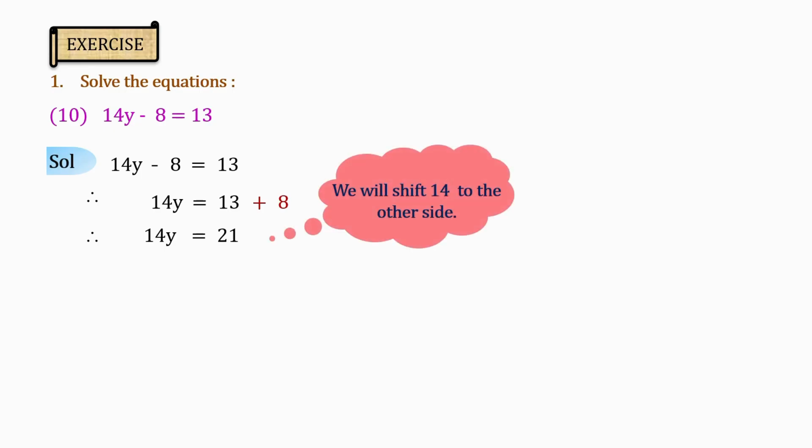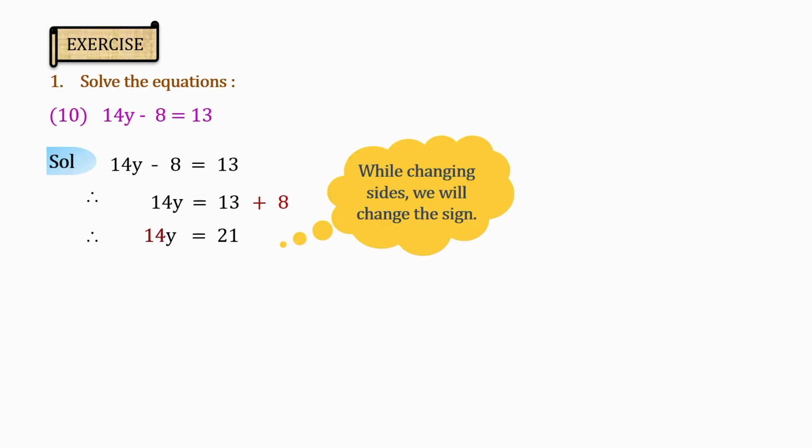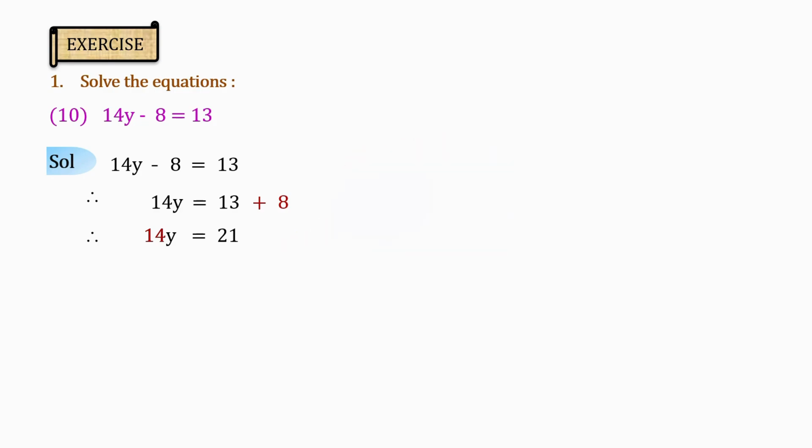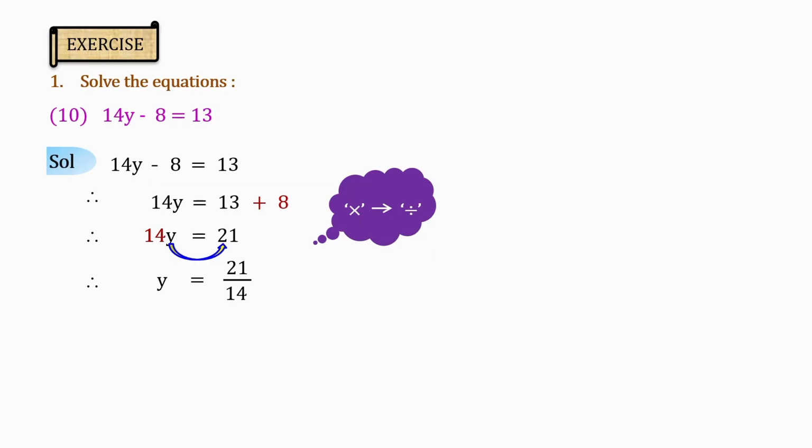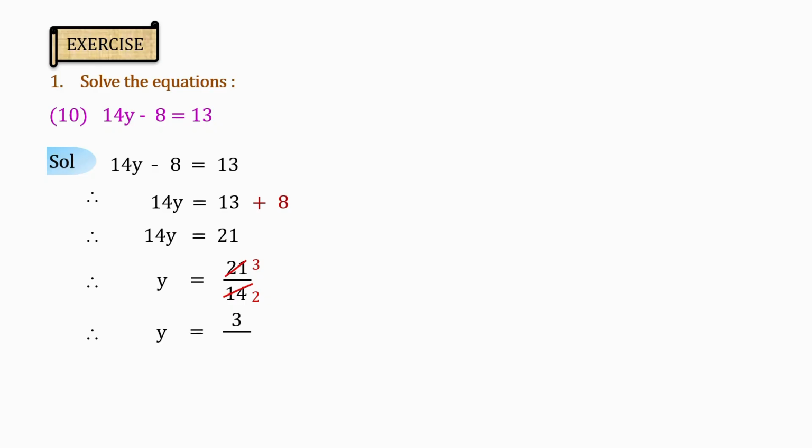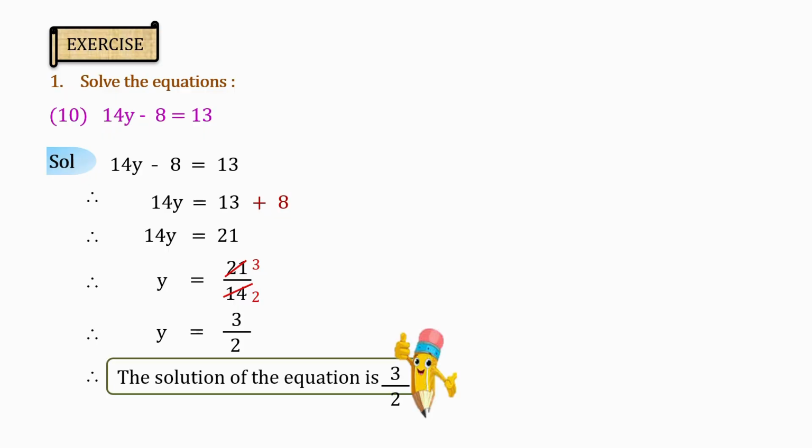Now we will shift 14 and it will be divided on the other side. Now we will reduce it to the simplest form, that is 3 by 2. So the solution of the equation is 3 by 2.